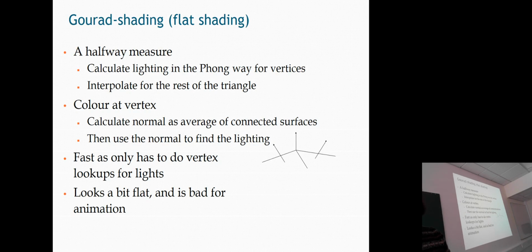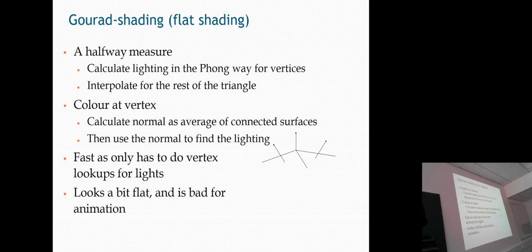We calculate lighting for the vertices, and then we calculate normals as an average of all the adjacent surfaces. So the normal is the average of this normal, this one, and the one over there. And finally it looks flat, and it looks a bit weird, but why do we need flat shading?